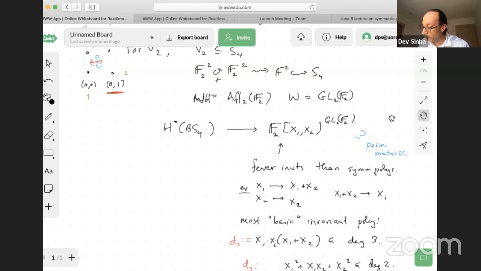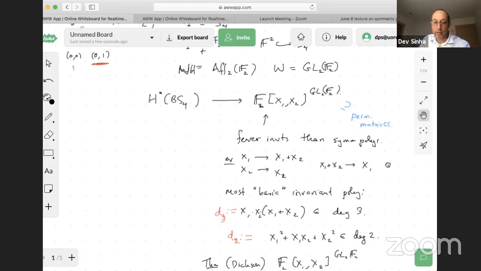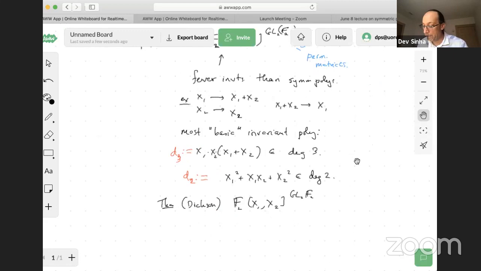The other way around, this is D3 and this is D2. And Dixon shows that this is actually polynomial, which is surprising once you get this far into invariant theory. It's polynomial and generated by these invariants.